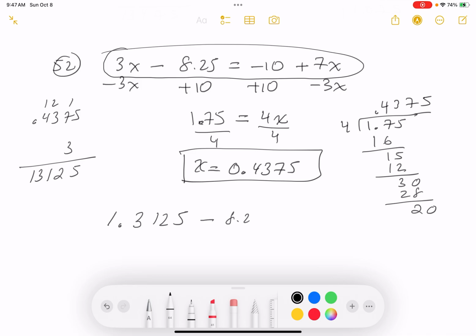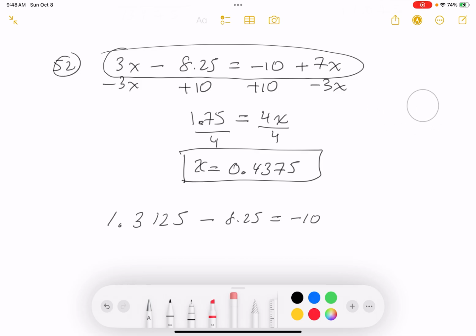Minus 8.25 equals minus 10. Let me get my eraser out again, erase some of this business over here. I really don't need to see the arithmetic, by the way. But I do need to do 7 times that number, all right? So 7 times that number, which is 0.4375. You get 35. 7 times 7 is 49.